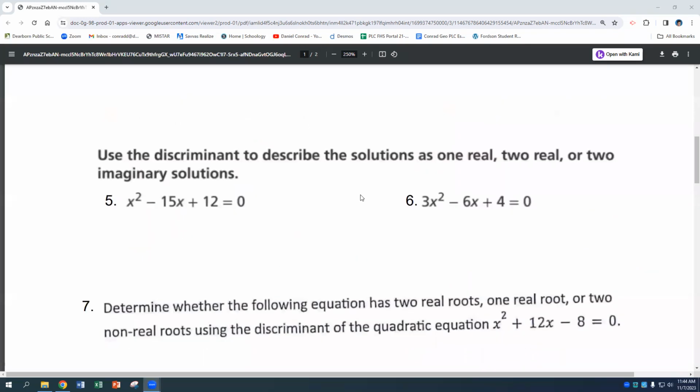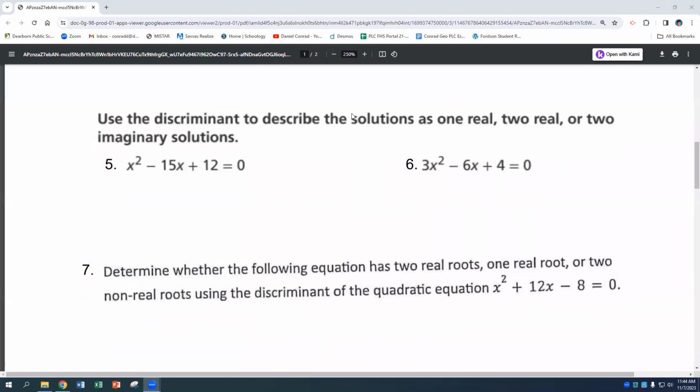For the next set here, we're going to just use the discriminant. The discriminant is the stuff that's under the radical of the quadratic formula, which is b squared minus 4ac. If b squared minus 4ac is greater than 0, then you're going to have two real solutions.